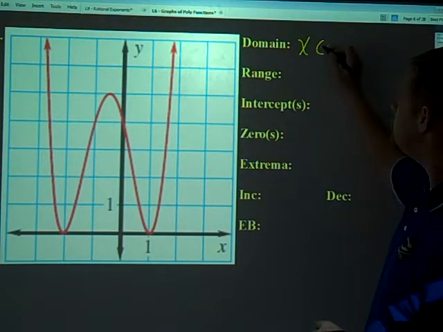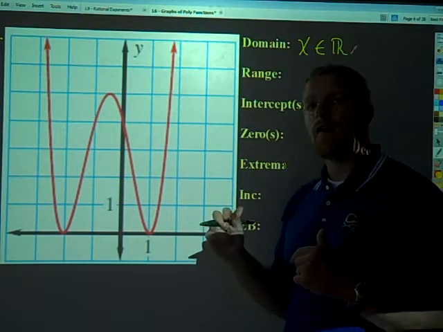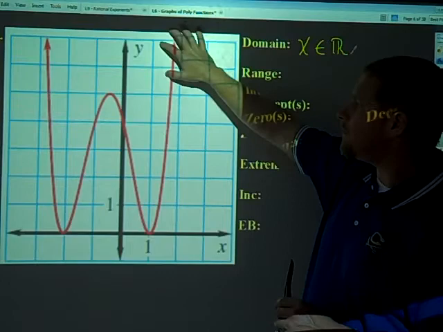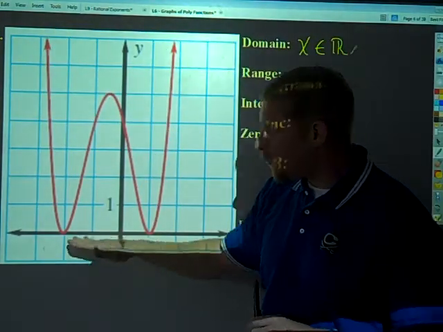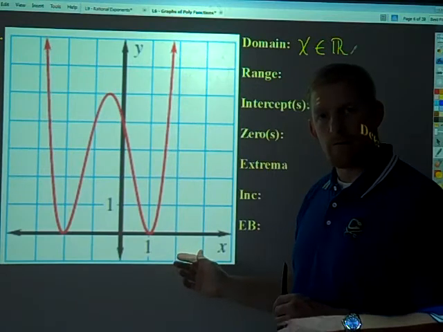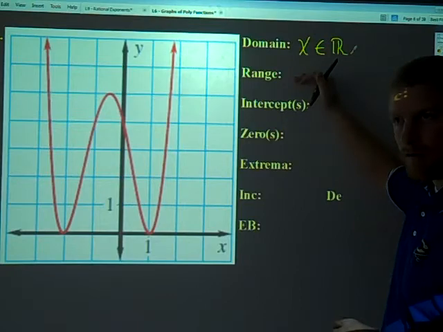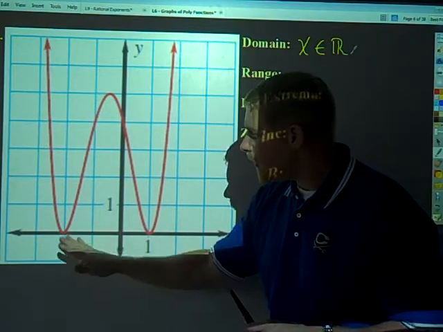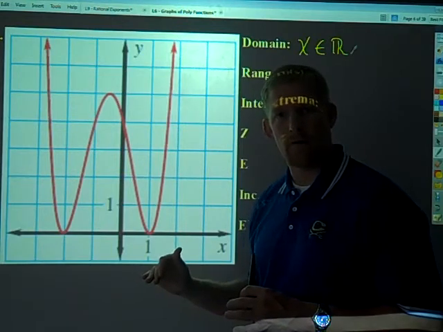The domain is going to be all real numbers. Because the end behavior continues in this manner on both sides, our y values have been restricted. So when we're talking about the range, I want you to take close attention and look at your graph and say, all right, how low is my function going?